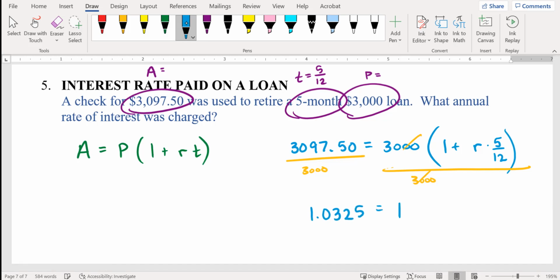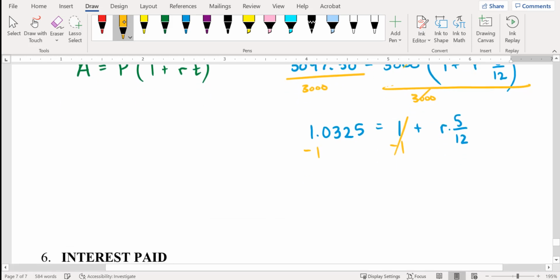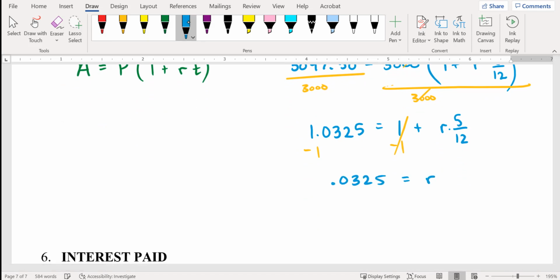And that equals 1 plus R times 5/12. Subtracting 1 from both sides, I have 0.0325 equals R times 5/12.